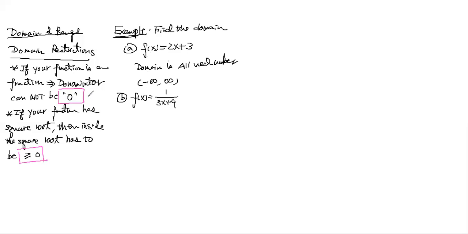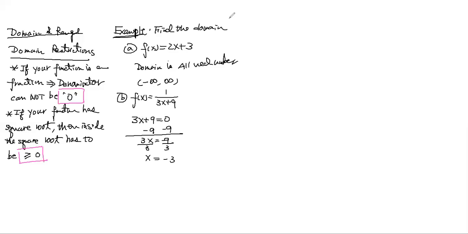My denominator cannot be 0. So what value makes the denominator 0? 3x plus 9 equal to 0. I minus 9 on both sides, so I get 3x equal to negative 9. Divide by 3 on both sides, so x equals negative 3.